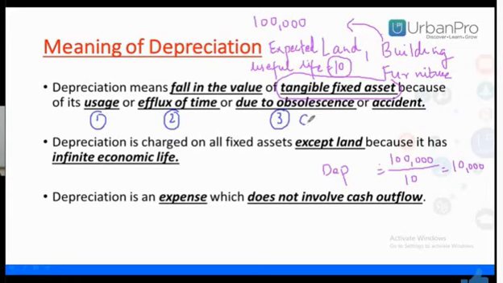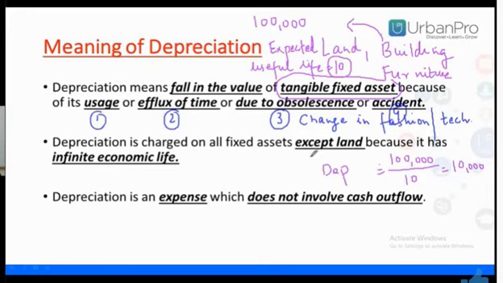Obsolescence means change in fashion, or you can say change in technology. This is the reason of obsolescence. Okay. And then is accident.